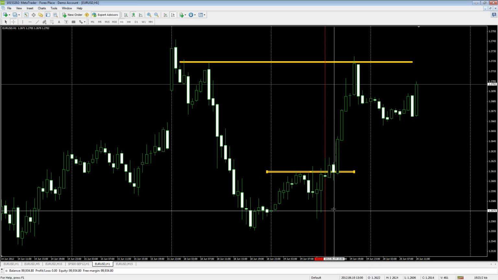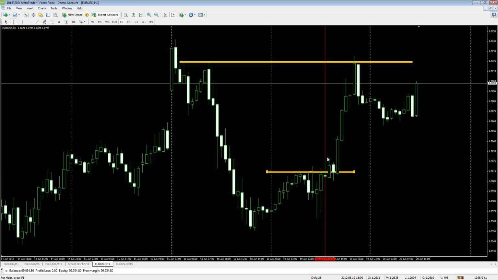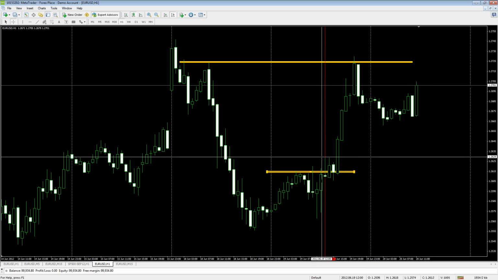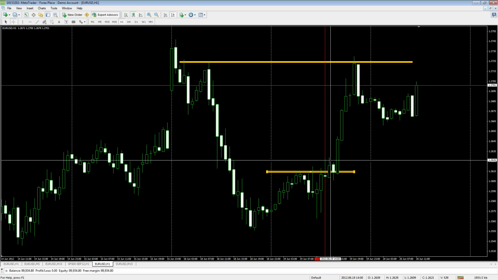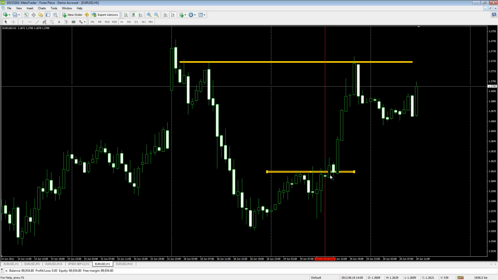So even if you enter here and it doesn't go your way, you close out your trade with a small loss, or maybe you wait to see if it does close above. Here it gives you another opportunity, but I would probably close my trade when I see this candle closing above it, or maybe I would even be stopped out by the stop loss here. Again, that's not too far. It's only 20 pips, and then you have the opportunity to go the other way around.